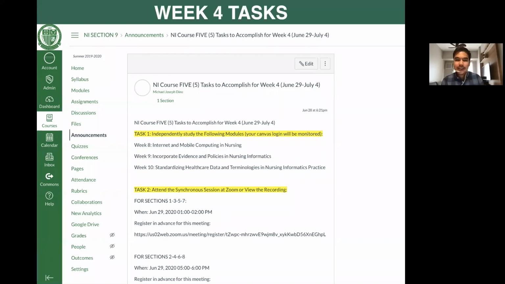Task number 1, independently study the following modules for weeks 8, 9, and 10. For task number 2, you need to attend synchronous sessions on Zoom, just like what we're having right now, or you can view the recording later on if your connection is not that stable. As you can see, we have fewer problems at the moment, because during the initial attempt at registering on Zoom, a lot of students were using their personal email.